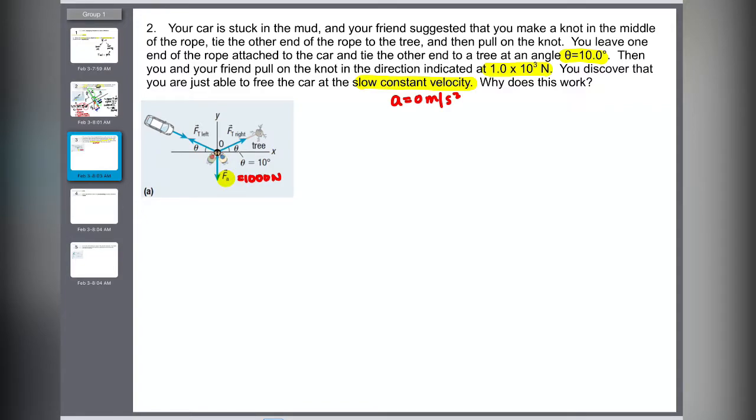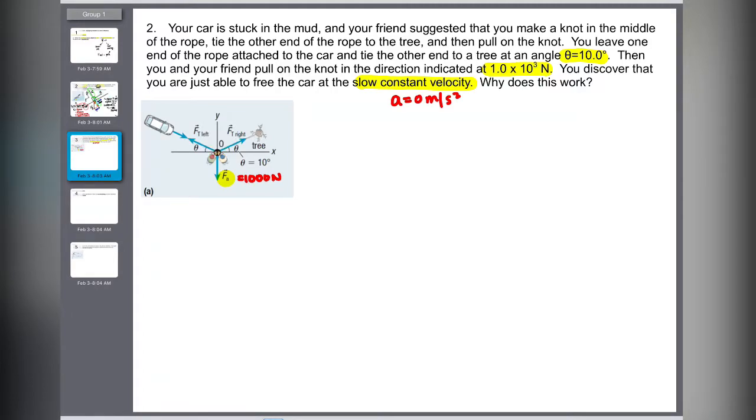How does this work? Basically, they're trying to say you can gain mechanical advantage if you take one string and tie it to two and make it stronger. So they basically want you to calculate what Ft is. Because Ft is the same string, you see how this string and this string are the same string, you can assume that the Ft is the same. So we've been talking about the third law.